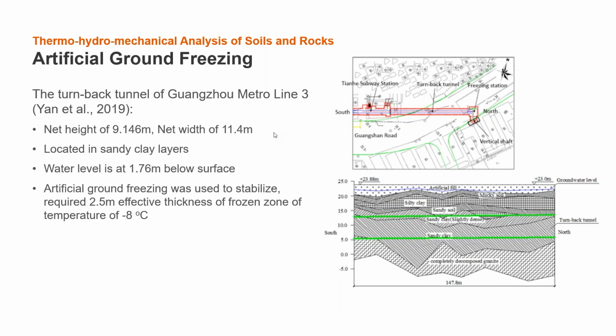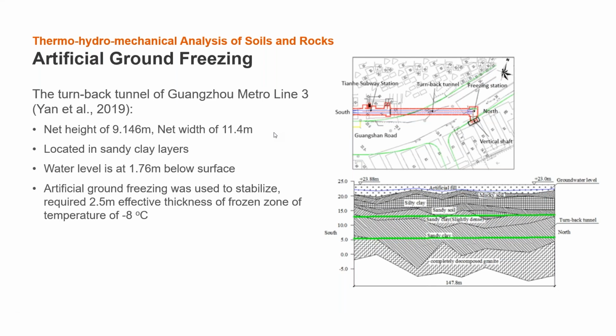In this typical example, I will back analyze an artificial ground freezing design for a turnback tunnel of Guangzhou Metro Line 3, based on the paper of Yan et al. in 2019. The tunnel has a height of 9 meters and a width of 11 meters.